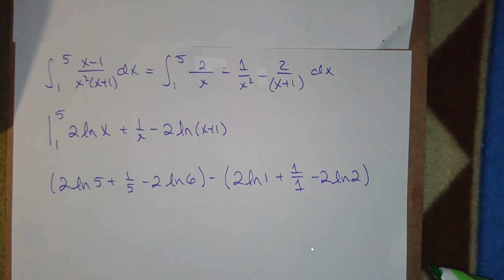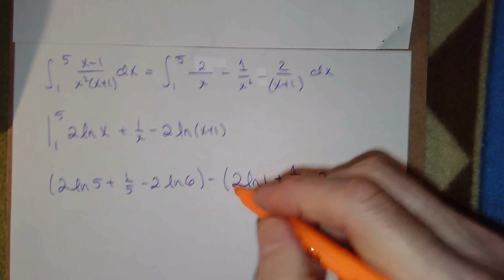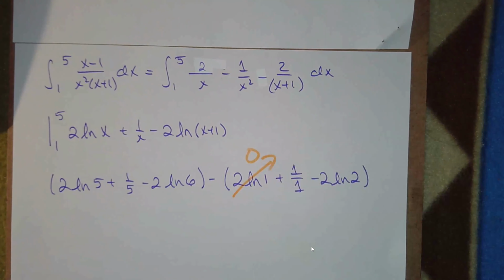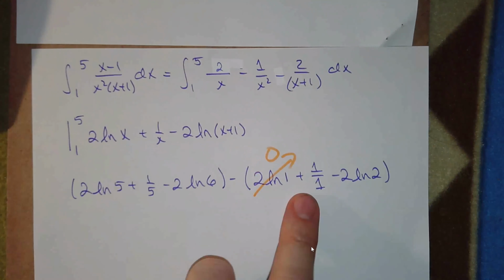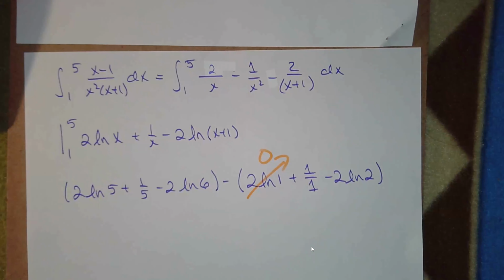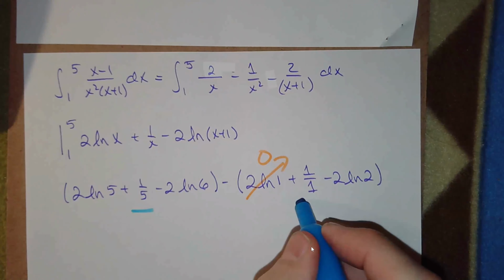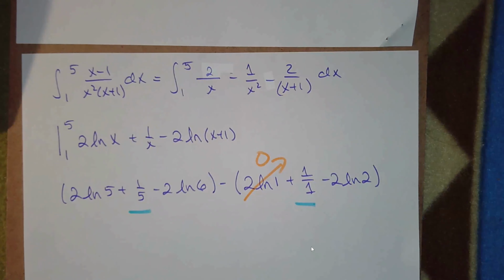There is a little bit of good news for us here. That's 0. 1/5 minus 1 is going to be a minus 4/5. So I'll get that out of this. Those together give me a minus 4/5.